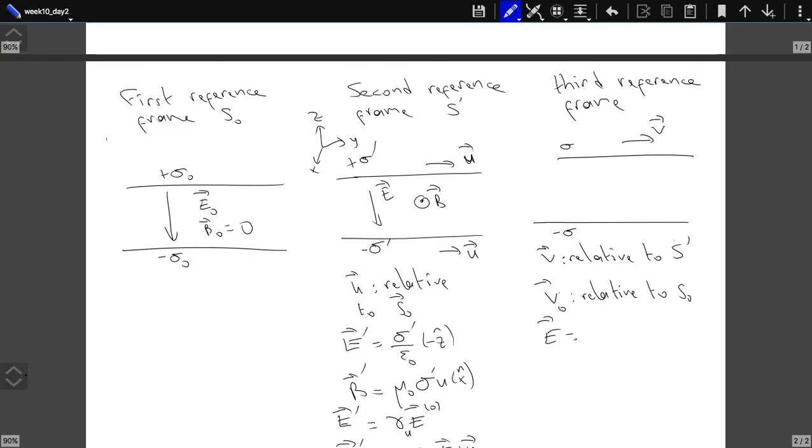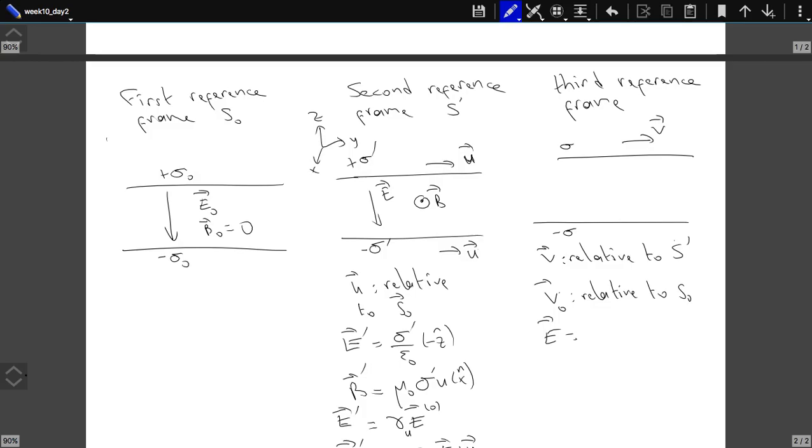Okay, now let's pay more attention. Now u, I said that u is relative to S0. That's not correct. U is relative to S prime. Okay, what should we call u? Should u be the speed of the plates or the speed of the reference frames? Speed of the reference frames. Okay, so u is the speed relative to S0.